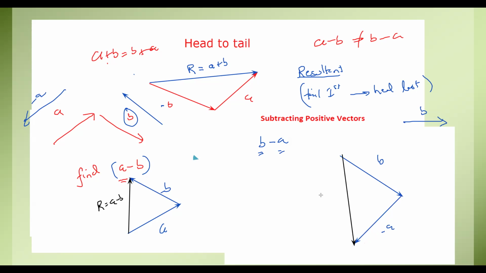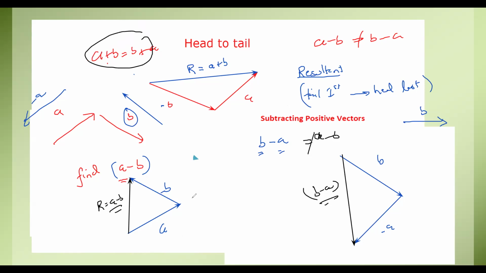So in this case, this will be equal to b minus a. As you can see, a minus b in terms of the vector is not equal to b minus a. A minus b was pointing upward, whereas b minus a is pointing downward. So b minus a and a minus b in terms of vector are not equal. But a plus b is equal to b plus a.